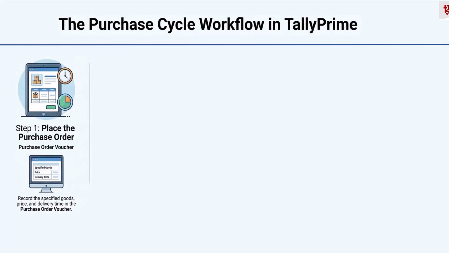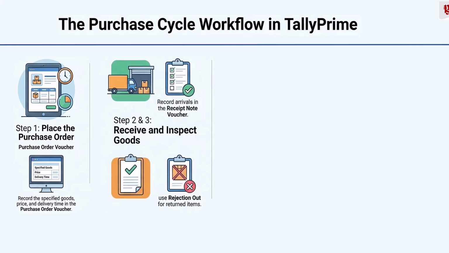The purchase cycle or procurement cycle initiates with the purchase order. Step 1 is placing the purchase order. The PO includes the specified goods, the agreed rate, delivery timelines, and other terms and conditions.